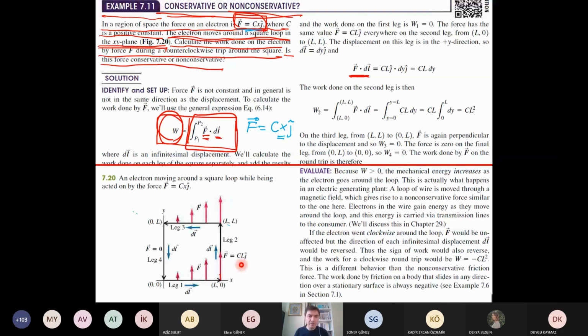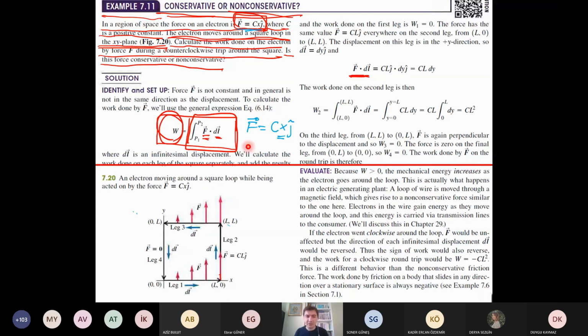Now if you come to this point, F is again this one, but since X is decreasing along this path, F also decreases, but its direction is again along the positive Y. Now I know the direction of F and the magnitude of F on this graph. Now let's try to calculate F·dl.